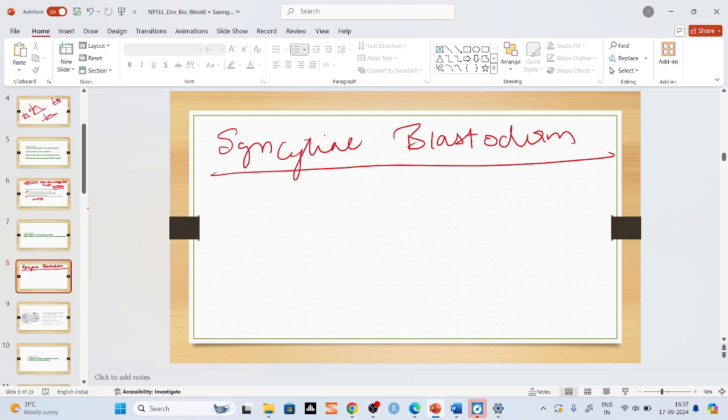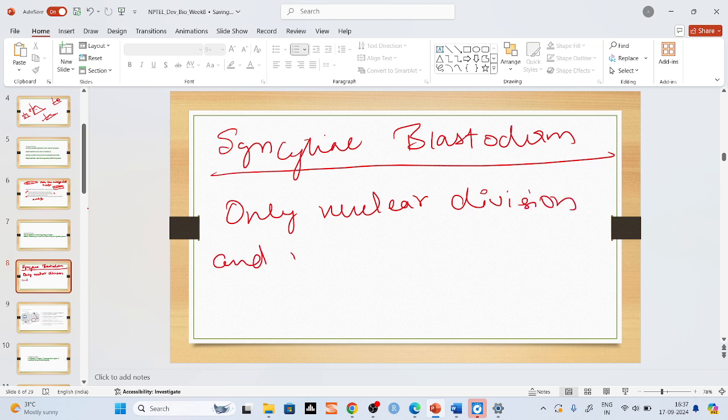It means that there is only nuclear division and no cellular division.